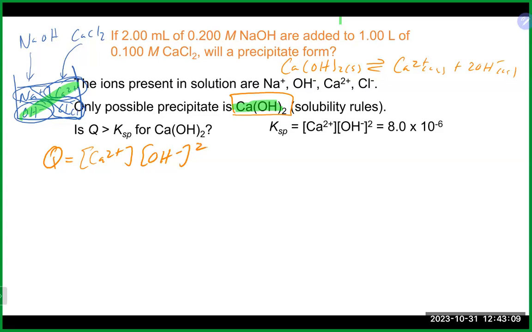We actually need the concentration of each of these ions as they are mixed. So I'm going to convert my volume into the same unit. So 1 liter is 1,000 milliliters. So I'm just going to convert everybody to milliliters. That's a little dilution, as we were just talking about, for each of these guys, right?